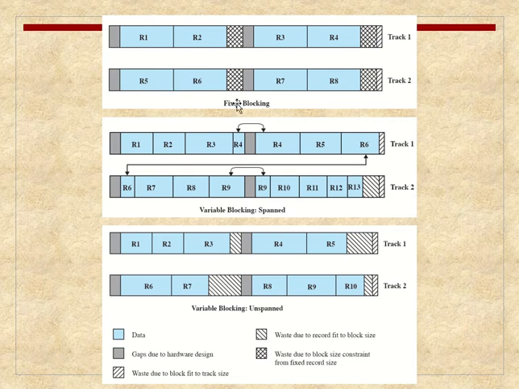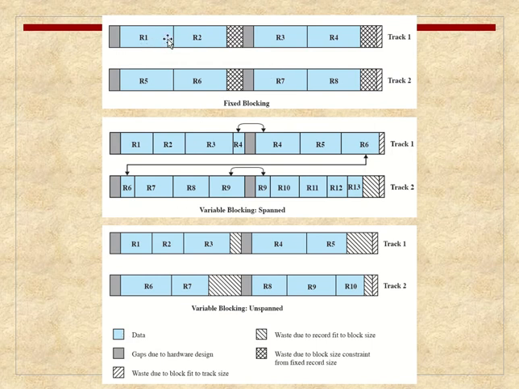This is fixed blocking. We see that each record has the same size, the same size of block. When they are put in the tracks in the secondary storage, for example, here there are two tracks.